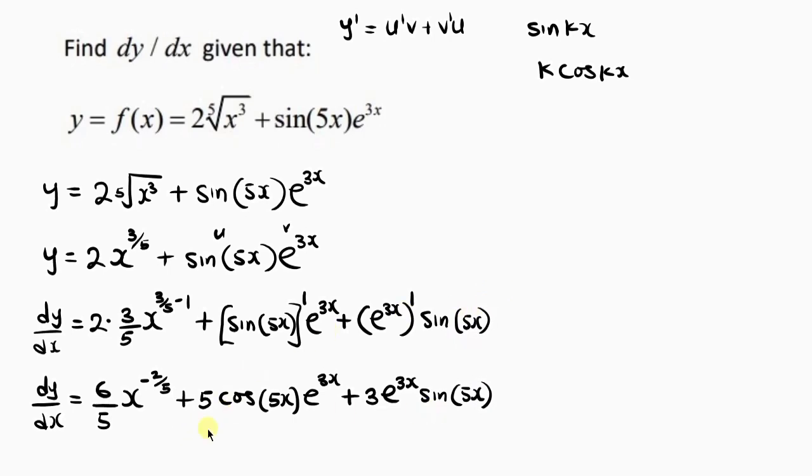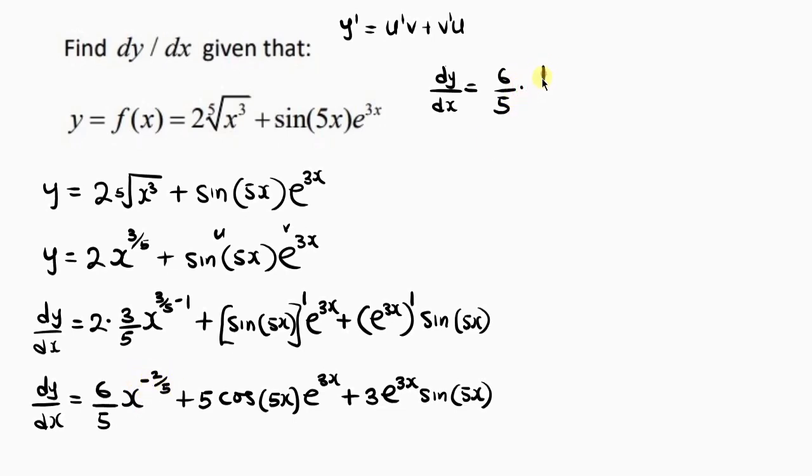Now let's simplify this given expression. Let me just remove this so I have enough space. So that means my dy/dx becomes 6 over 5. Now, a negative power indicates an inverse. So that means I'm going to be writing an inverse of x to the power of 2 over 5 because of this negative power.